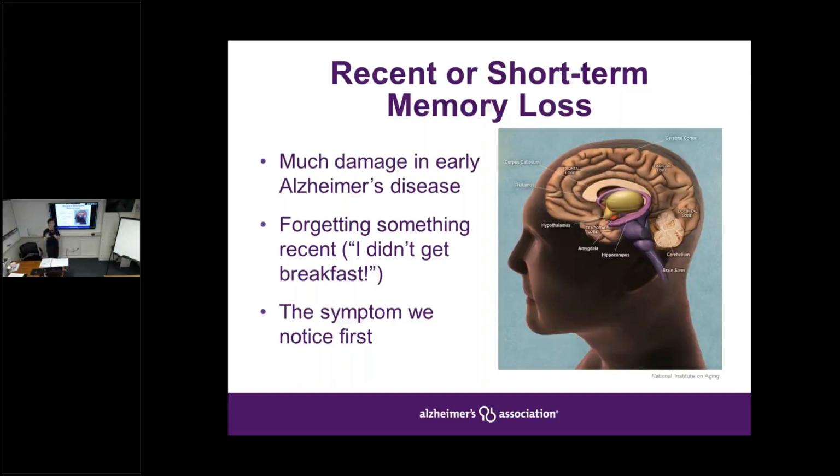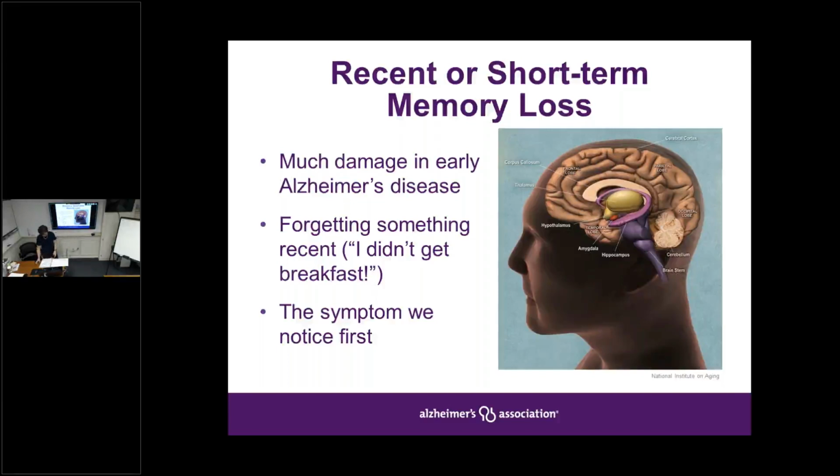Well, as I said, information comes in and is compared and labeled and then stored. Eventually it's stored in a different part of our brain that's responsible for long-term memory. And that part of the brain is lasting a lot longer than the hippocampus. So in the early stage of the disease, the first thing that we see damaged is the hippocampus.